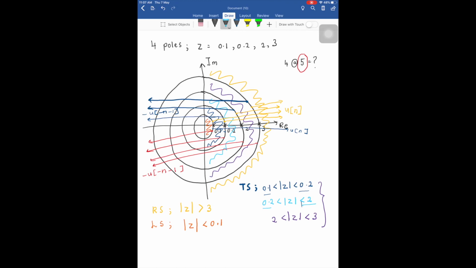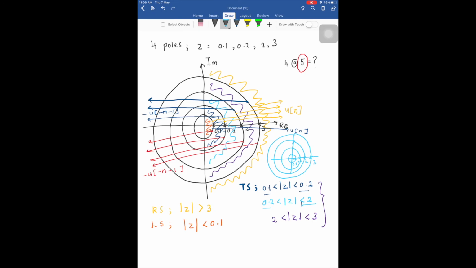Next, for this one, in between 0.2 and 2. Same goes here. Let me draw it back: 0.1, 0.2, 2 and 3.